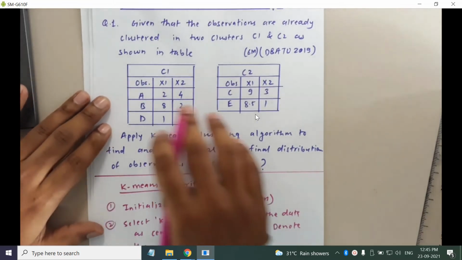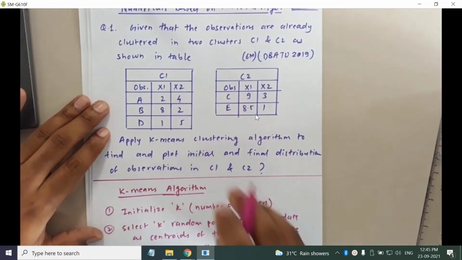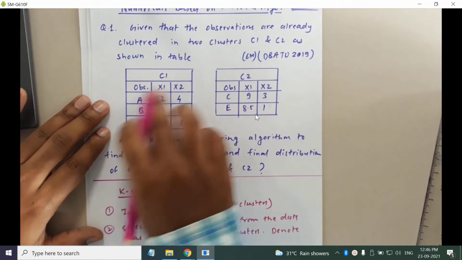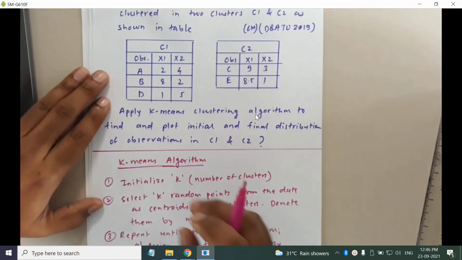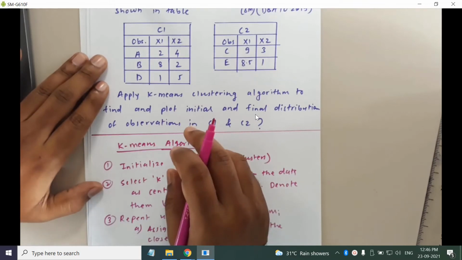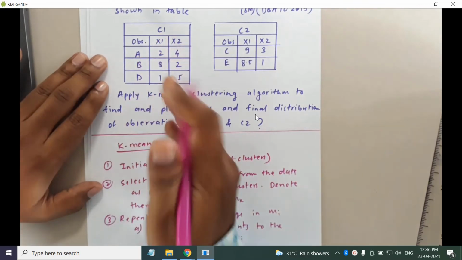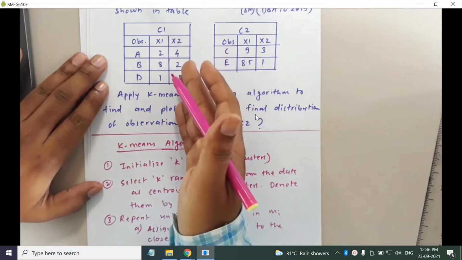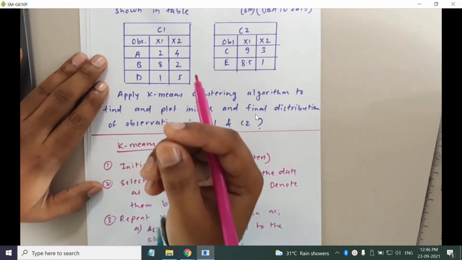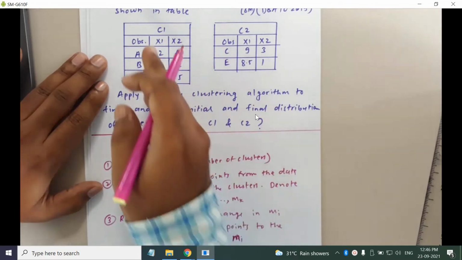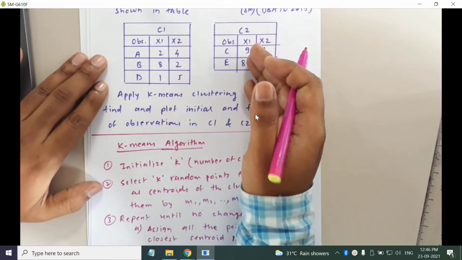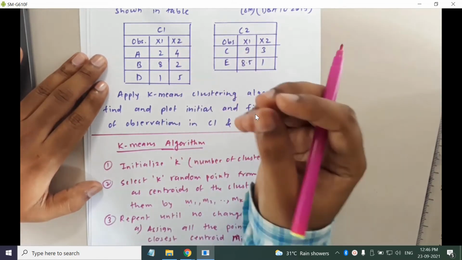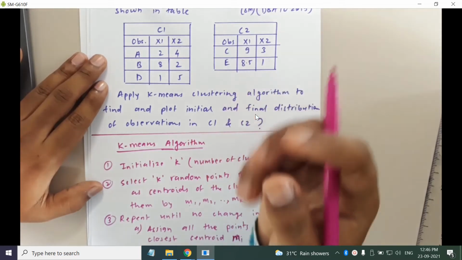So in the data set the distribution is also given. So from there we can find the centroids of those clusters. So we'll be taking the average of the x1 reading and the x2 reading. That would be the coordinates of the centroid for cluster 1, and similarly we will do for cluster 2. So we'll get the coordinates of the centroid.